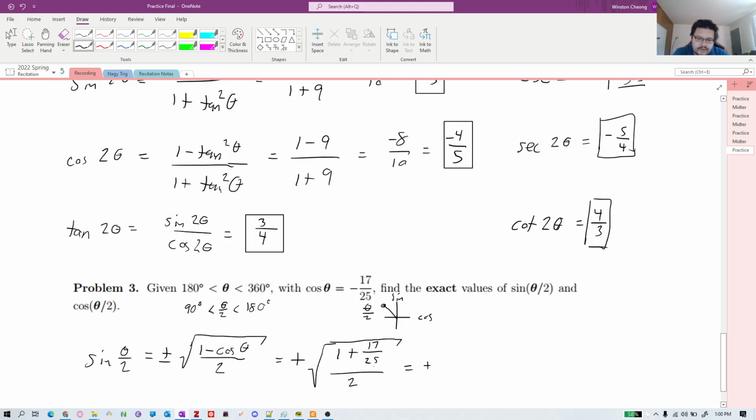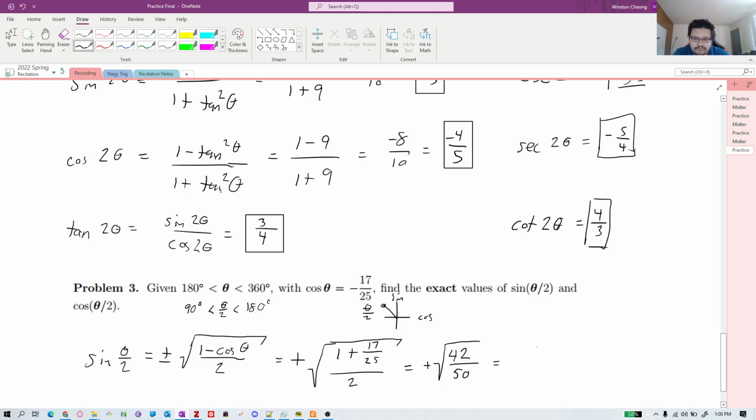Okay, if I add these, 25 plus 17, 42. 42 over, and then the denominator is going to be 25 and then divided by 2 again, so that combines to be divided by 50. All in a square root.